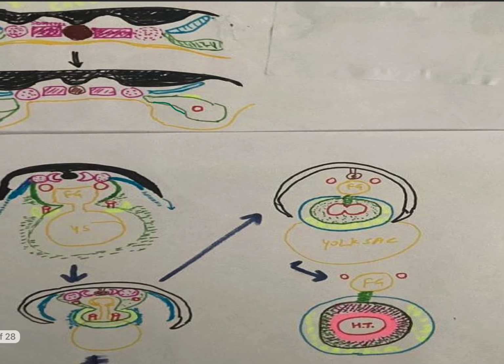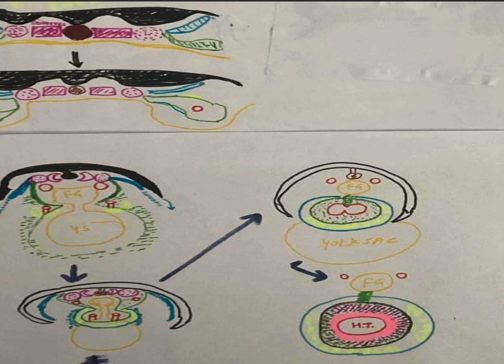Further, more invagination occurs and these two heart tubes come closer. Because of this, the GIT goes more posteriorly.